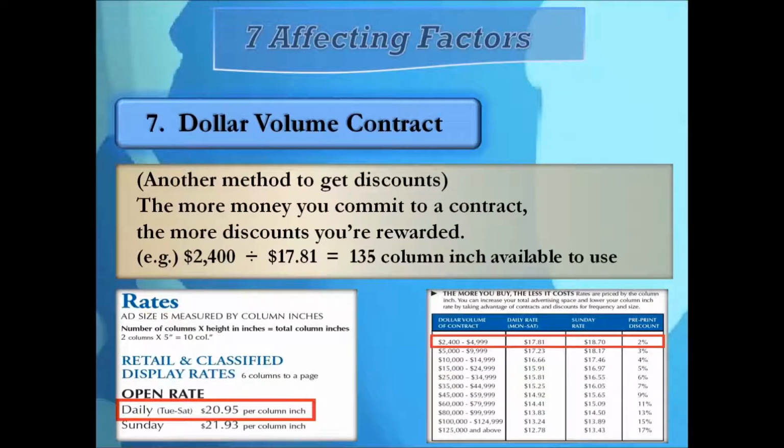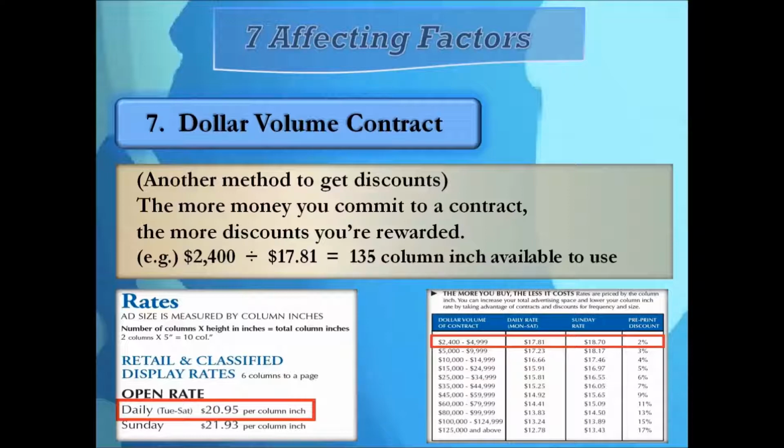Dollar volume contract. This is another way to get a discount when you advertise. Basically, you would have to fork over the money up front and commit to one of the tiers listed in the contract. For example, in the Bozeman Daily Chronicle, if advertised normally, the open rate is $20.95 per column inch.